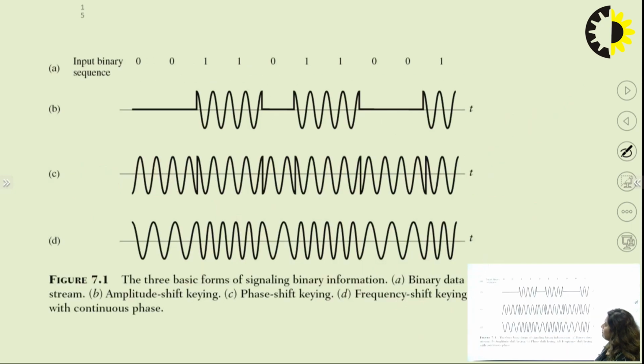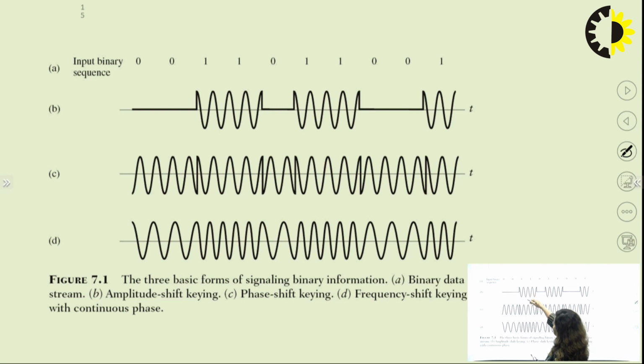If you see the waveform of the ASK signal, we have taken here a binary sequence 0011011001, and according to this binary sequence we have created three types of signals. The first one is the ASK signal.